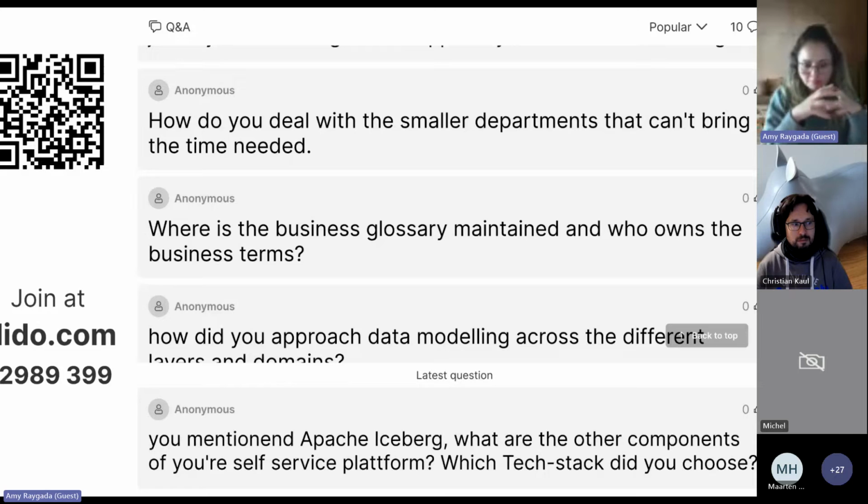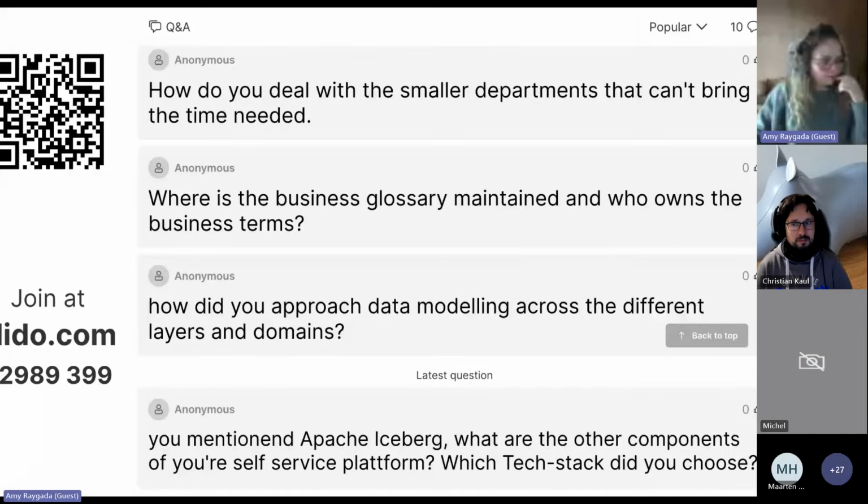So we set up the standard that there should be a business owner for sure for a term, but the different teams are open to choose who they would like. But in the team that is more advanced with the data mesh, the business people are actually the ones who own that, who create the test cases, and who get really in touch with the data, even though they are not technical people.